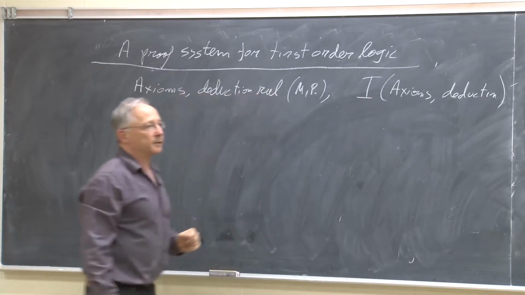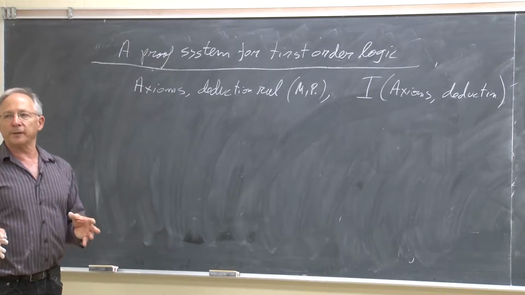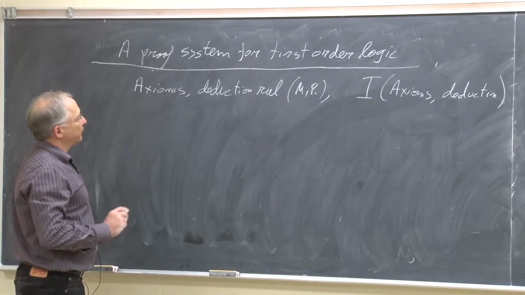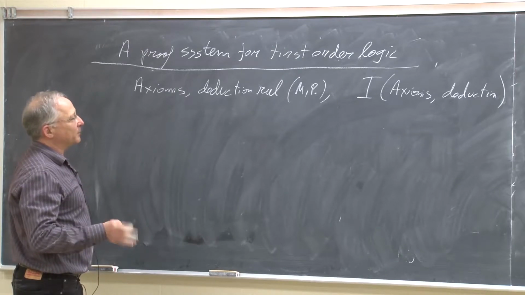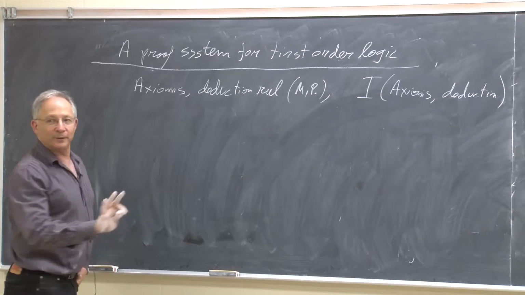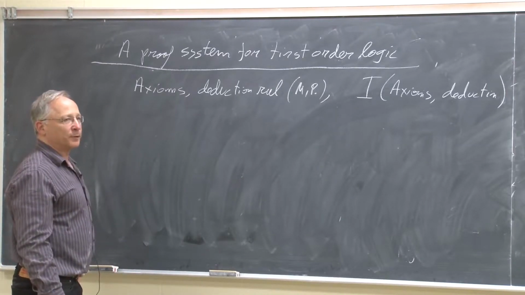Okay, so what are the axioms? The axioms are going to be divided into groups, and actually the axioms themselves I have to define inductively, but I will postpone that, the inductive step here is almost trivial.